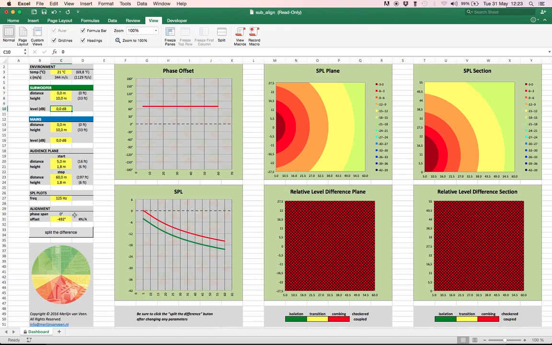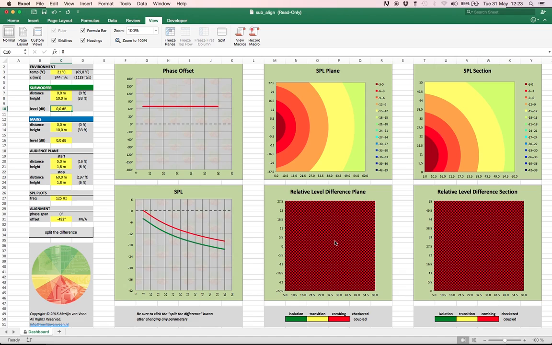The scope of our issue, the scope of our geometrical problem, which is the cause for the incapability to maintain our equidistance, has been reduced to 0 degrees. And you can see that now the checkered part, the coupled part, covers anyone and everywhere in both the plan view and the section view. And this is one of the arguments in favor of flown subwoofers.